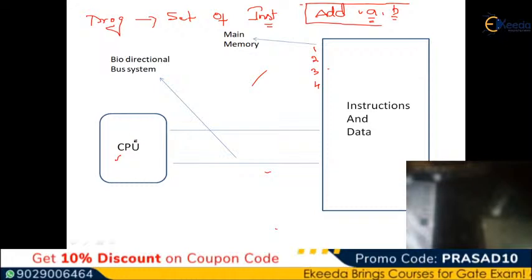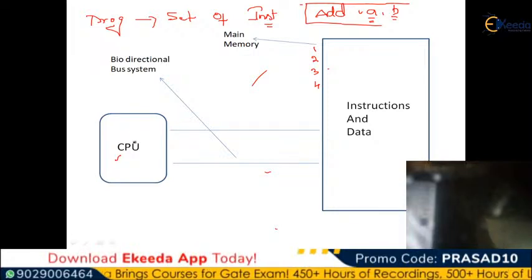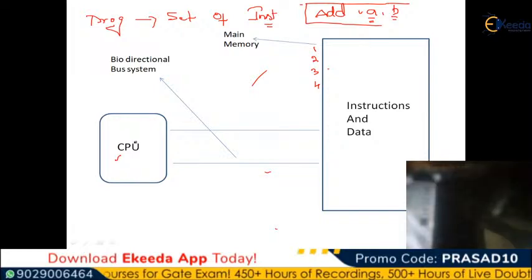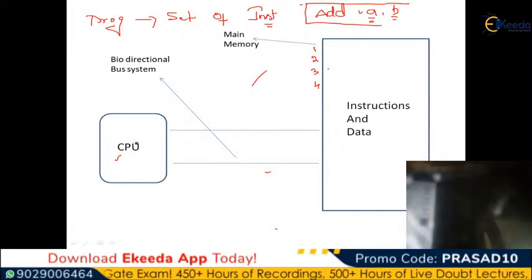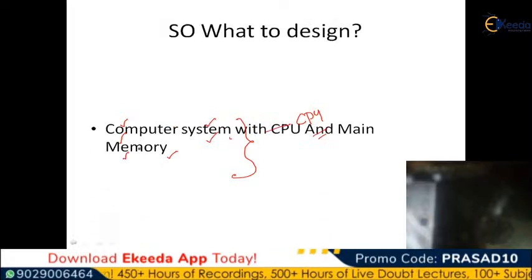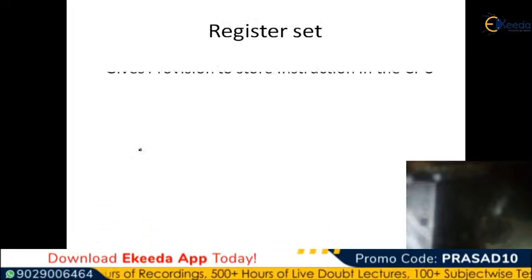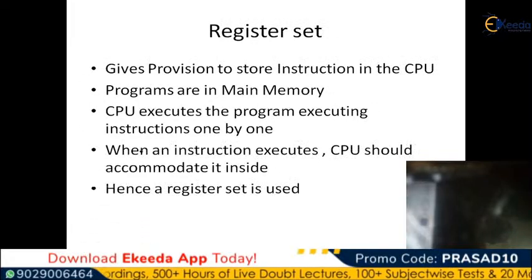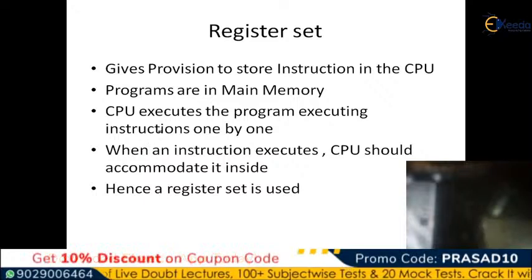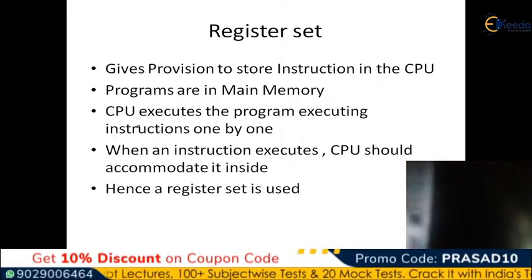So for that reason, we need to have a storage provision within the CPU which is going to hold the instructions concurrently as long as they get executed. So for that reason, we are going to design a register set. This register set gives a provision to store the instructions within the CPU.